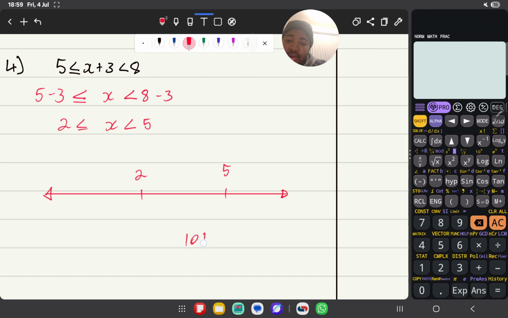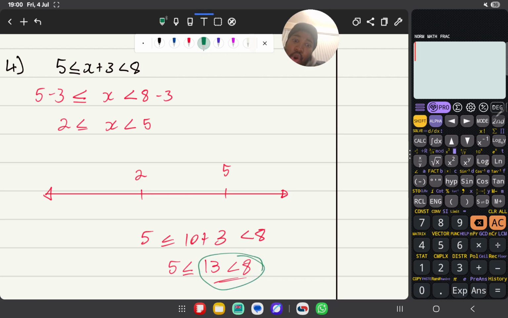We're going to have 10 plus 3 smaller than 8, and this 5. Is that true? Look, we have 13. 13 cannot be smaller than 8, so this is wrong.